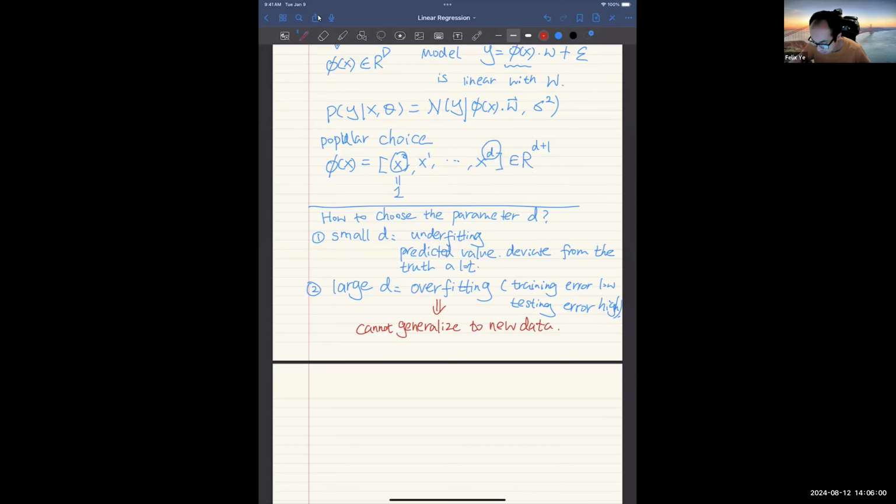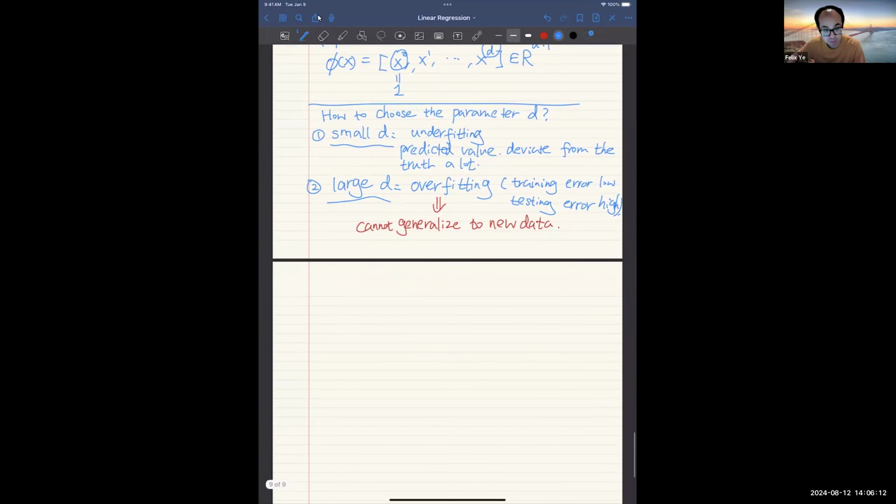From this, we know we can't choose a very small d. In the meantime, we can't choose a very large d either. So there is some sweet spot for the optimal choice of d.